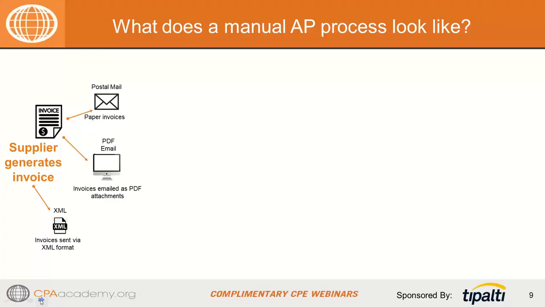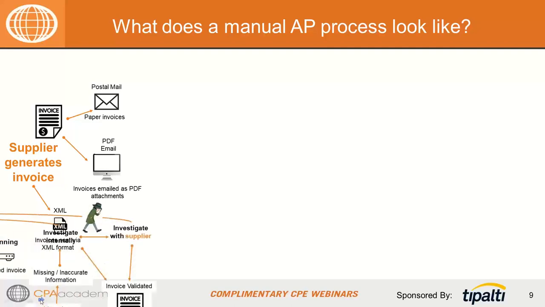That's where we start with a supplier generating an invoice, and those are coming in usually in some sort of a manual fashion if you're not automated. So postal mail, PDF files, spreadsheets, and sent via email as attachments, XML, and in some cases EDI is used.